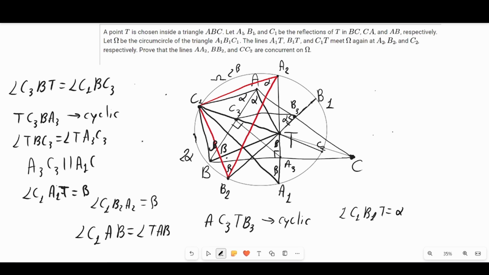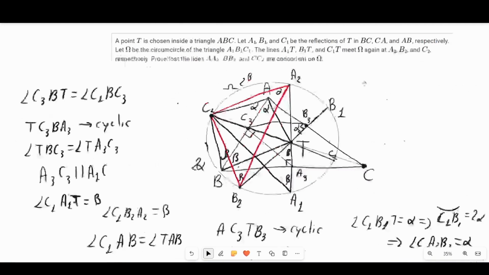So from here we can conclude that C1B2 is 2 times alpha, and angle C1A2B2 must be alpha. Clearly we get that these two triangles are similar, and this was all we wanted to show.